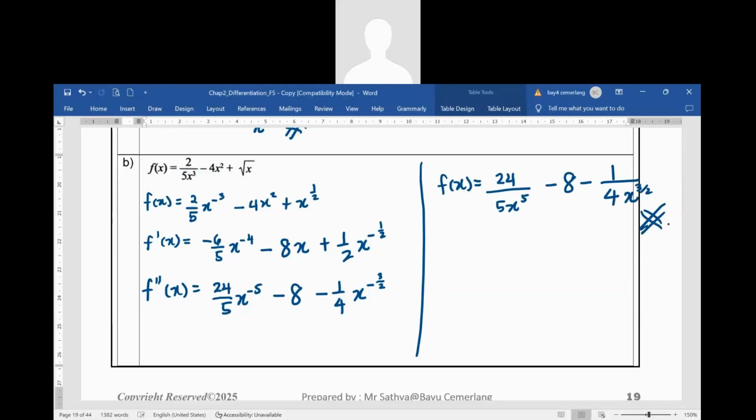Lebih kurang macam tu lah. Sorry, it's a f prime prime. Let me start simple. Check and see whether you all can get the same answer or not.